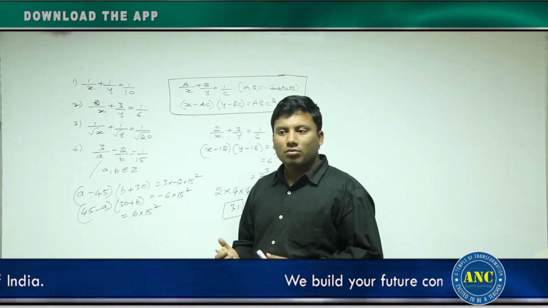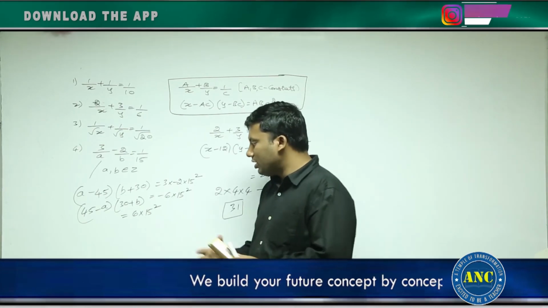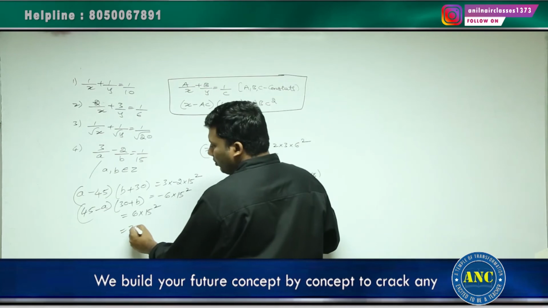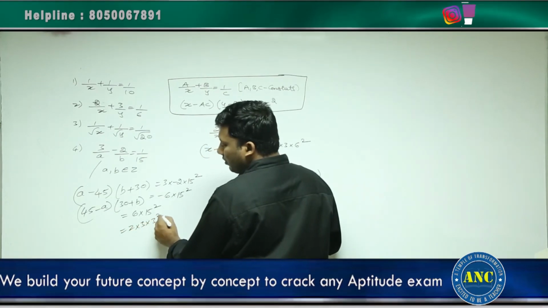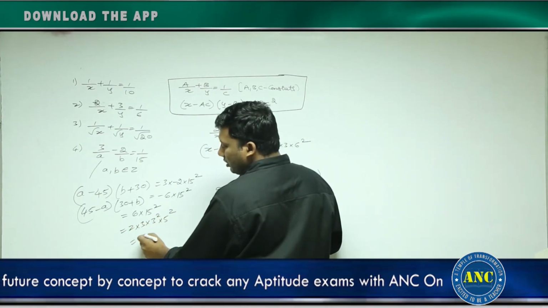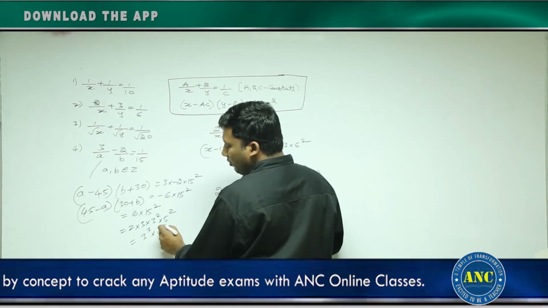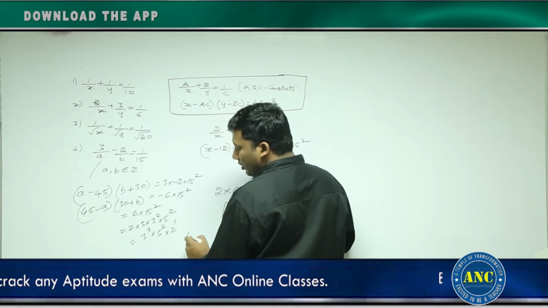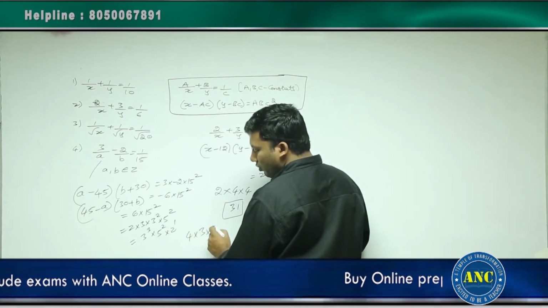So here it will be number of factors minus 1. So this will be 2 into 3 into 3 square into 5 square. This will be 3 cube into 5 square into 2 power 1. 4 into 3 into 2.